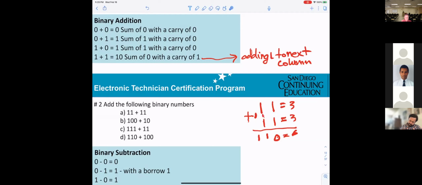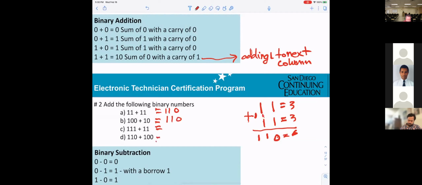Okay, I already have this number A here for you. It will equal 1, 1, 0. Now you do the next one for me. Just give me the answer. It's also 110, so you get 1, 1, 0.